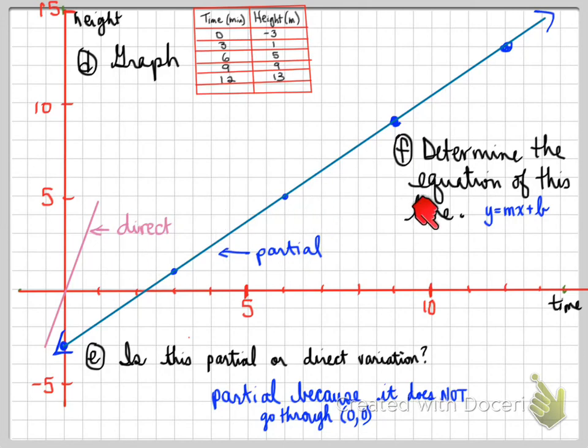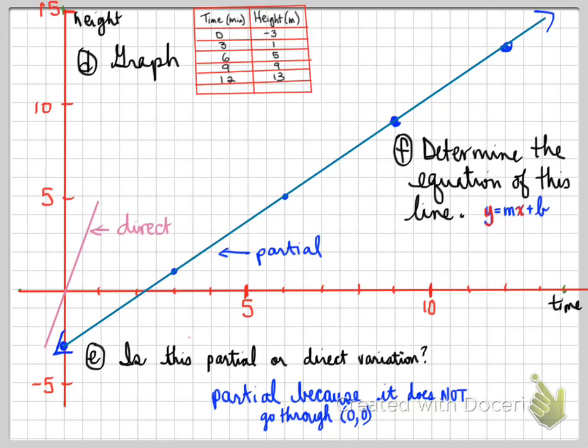Now, we have to understand what these variables and these letters represent. That is, y and x remain in the equation. All slanted lines will always have a y and an x in their equation. Now, what we need to do next is fill in the m and the b.